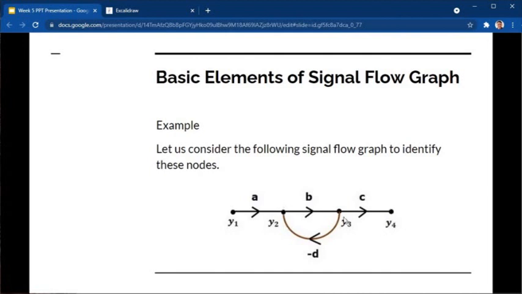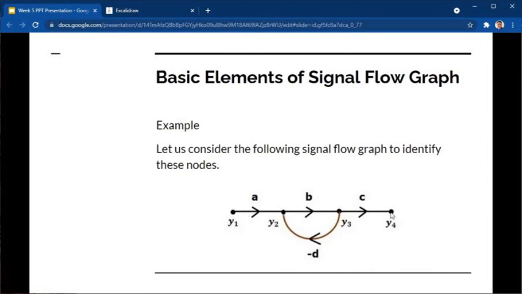Then we have mixed nodes wherein branches or signals can go in and out. Identifying the nodes here, we have y sub 1, y sub 2, y sub 3, and y sub 4. For y sub 1, we only have an outgoing branch. This arrow signifies the direction. Therefore, y sub 1 is an input node.